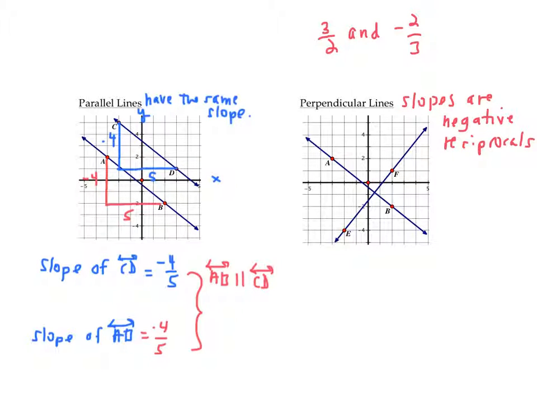One line has a positive slope, like in our picture, line EF. I can tell from looking at it that it has a positive slope because it rises to the right, and line AB has a negative slope because it falls as you look at it from left to right.